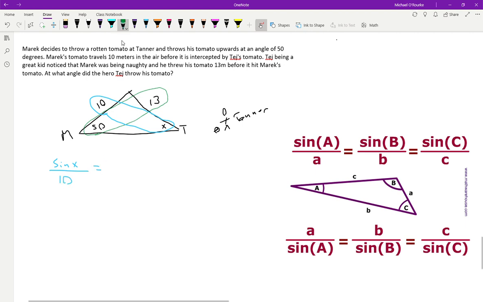Then I put the other completed buddy beside it. I put the angle first. So sine 50 divided by its buddy, 13. Right? Then we can start rearranging. So I would do this first.